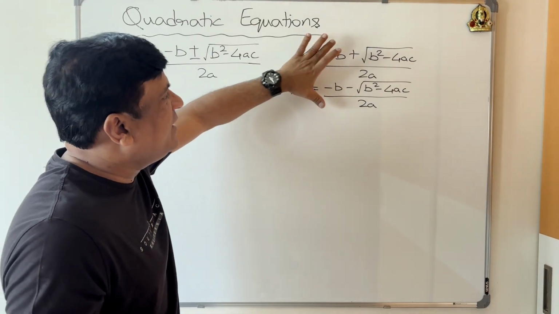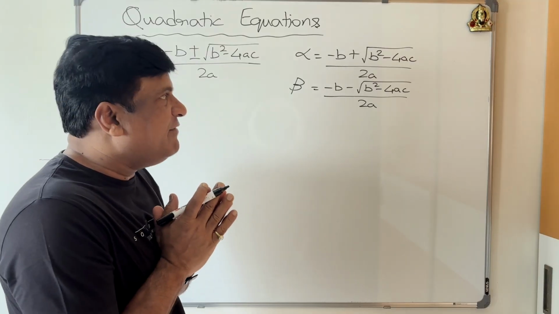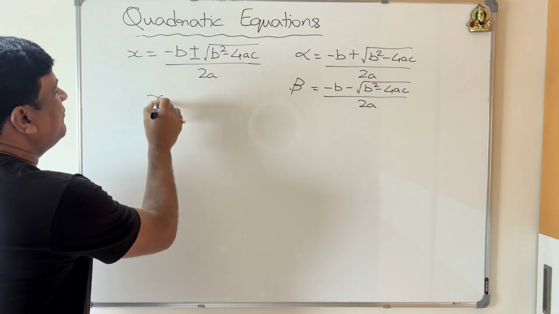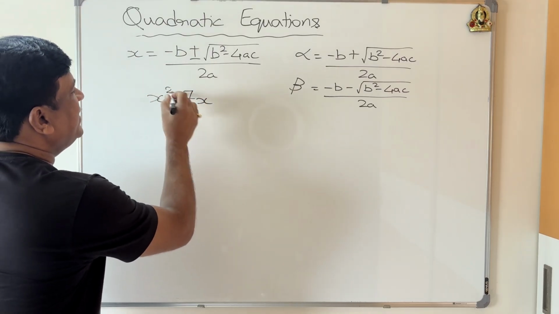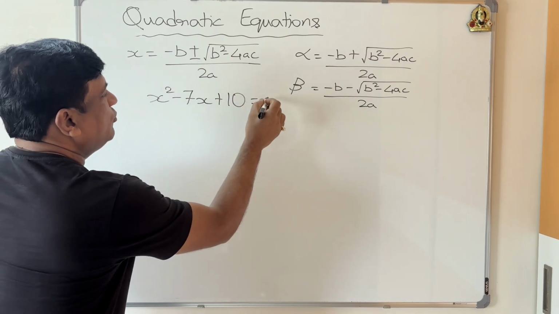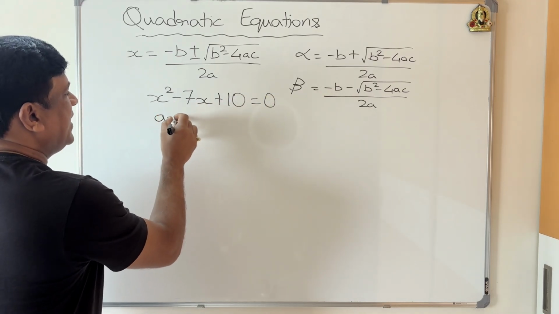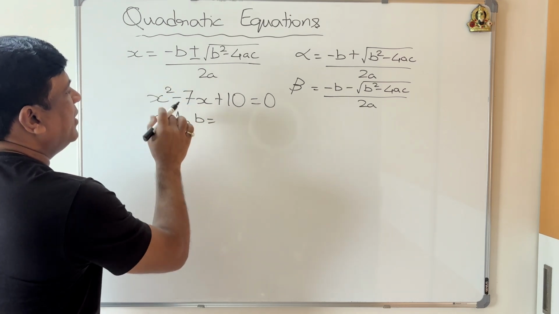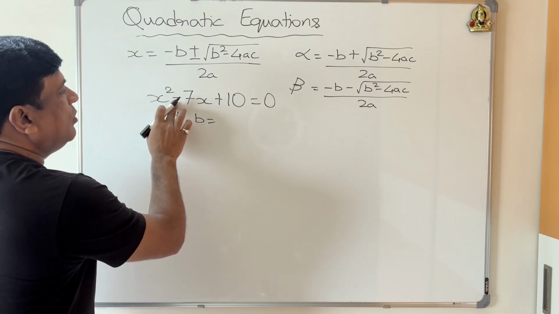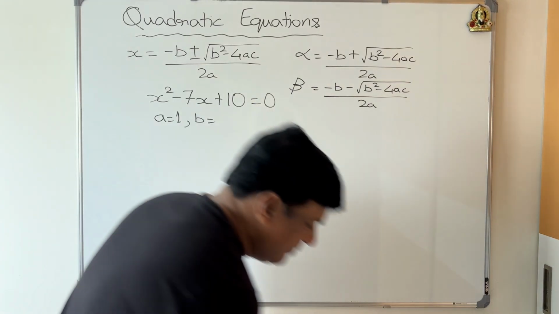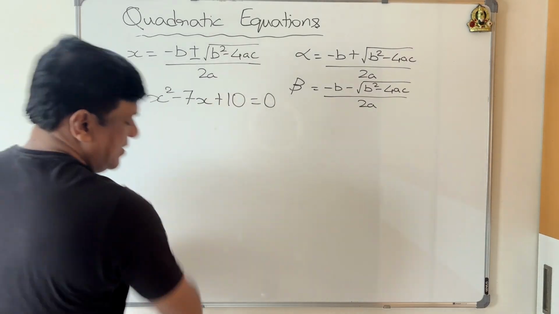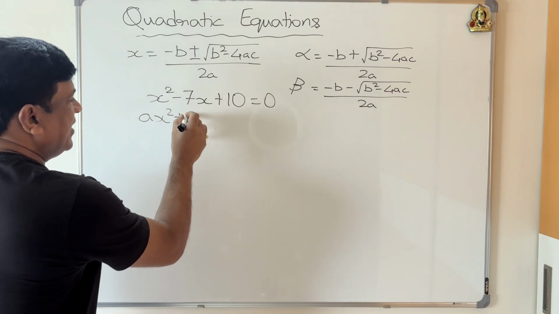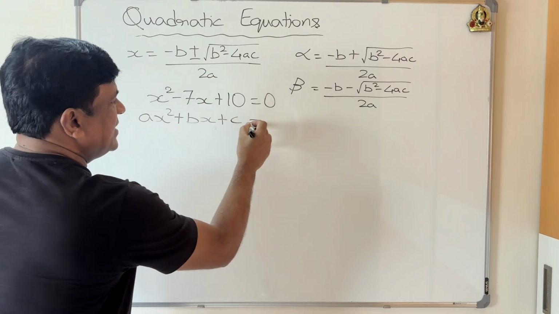Now let's look at it. Does this formula we have arrived at work with the example we have done earlier? We had x square minus 7x plus 10 equal to 0. What is the value of a here? A is 1. You don't have a coefficient. B is minus 7. Let me show you so that you don't get confused. Your general equation is always ax square plus bx plus c equal to 0.